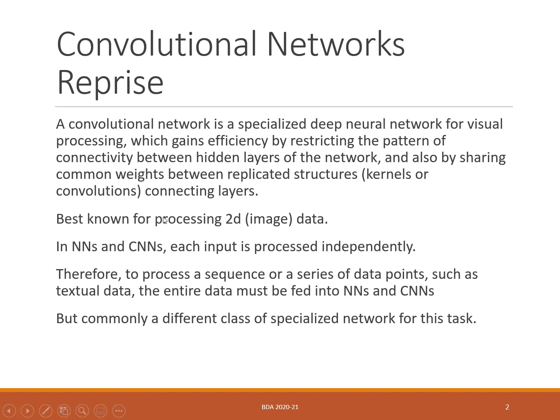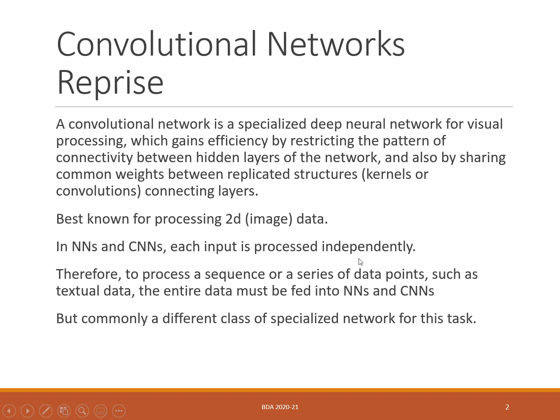Generally speaking, convolutional neural networks provide a suitable framework for processing two-dimensional data such as images. A major characteristic of all convolutional neural networks is that the input data is processed independently.